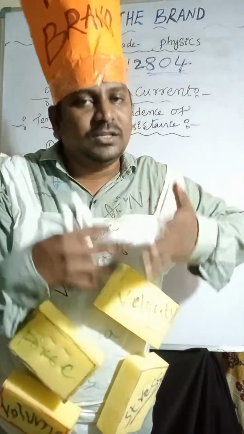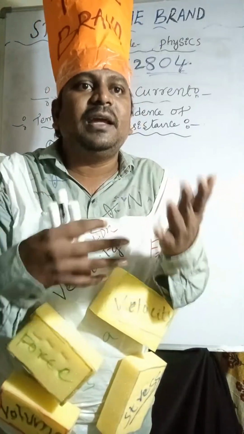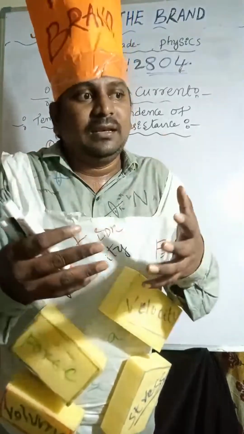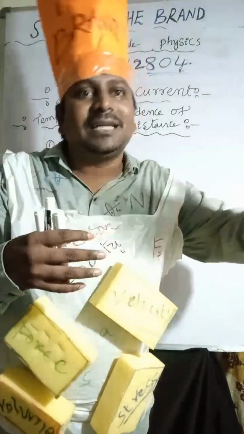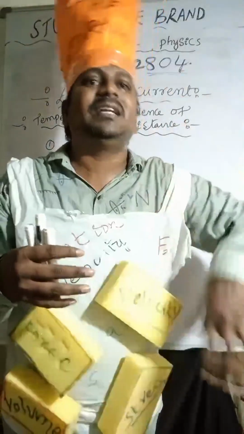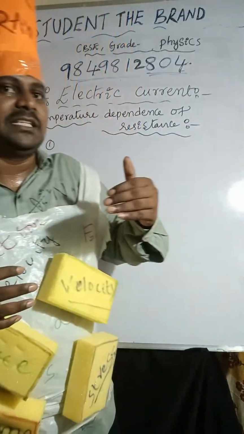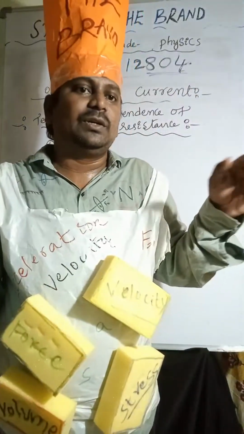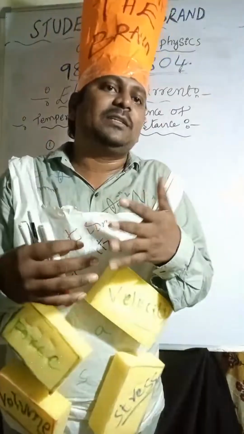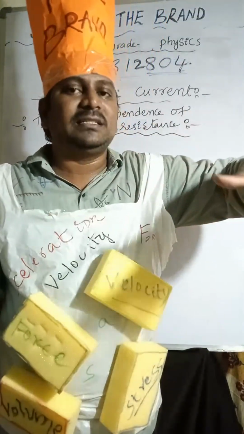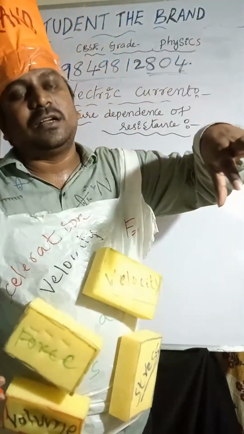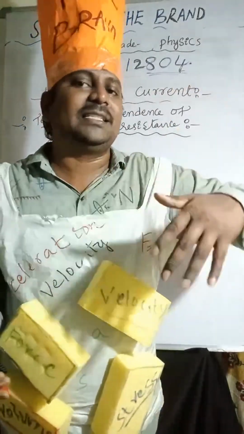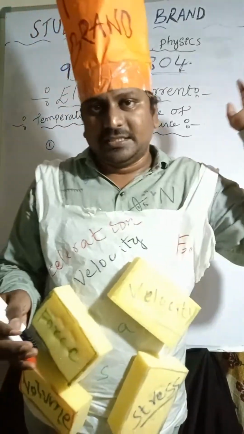More frequent collisions take place. At that time resistance and resistivity increase, and conductivity decreases. Understood? These two points take place as temperature increases. The final conclusion is: as temperature increases, conductivity decreases, and resistance and resistivity increase.